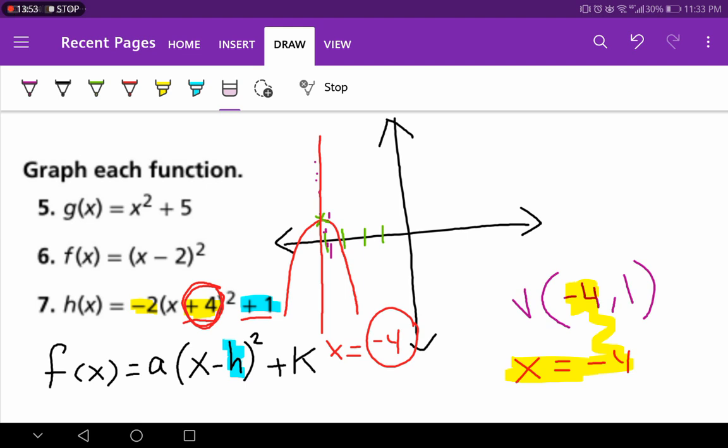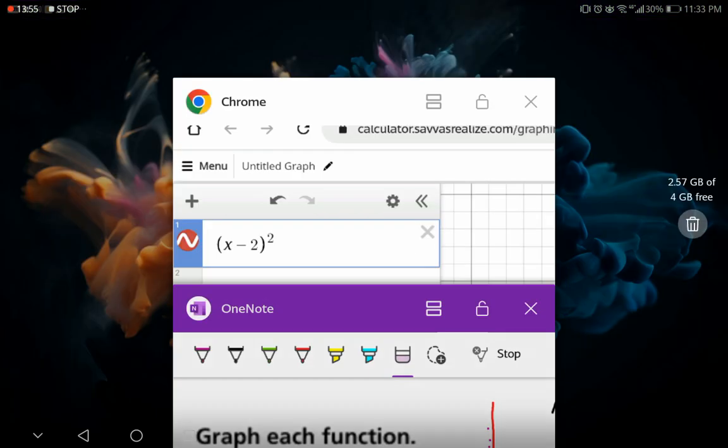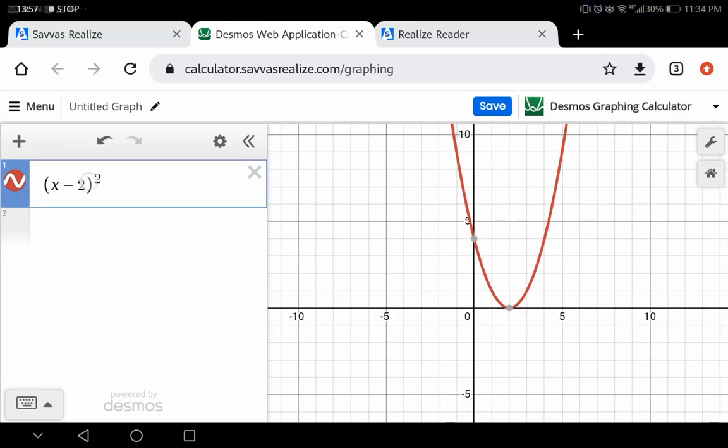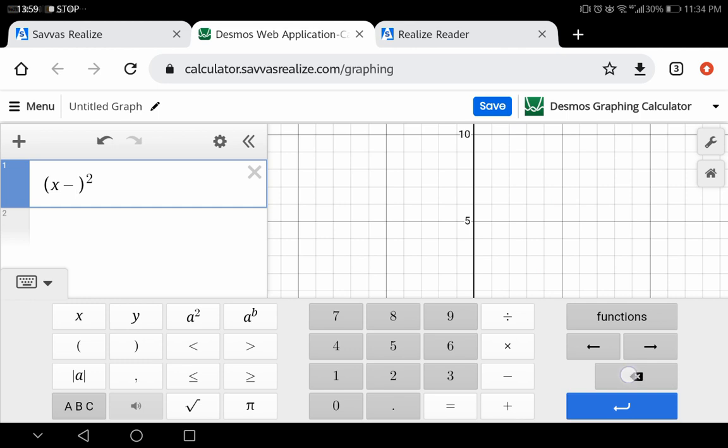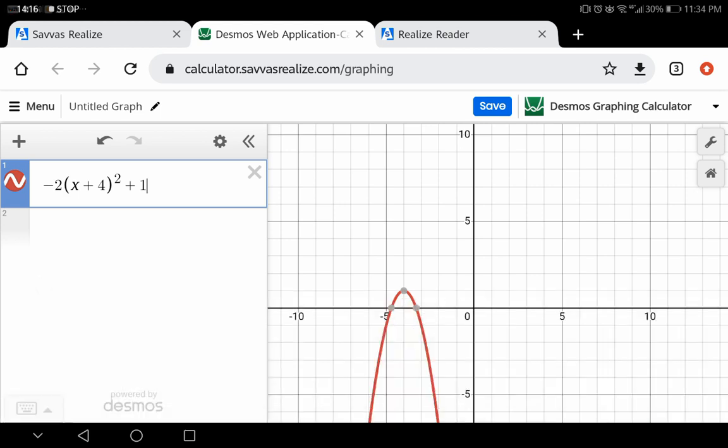If you don't believe me, I will write this. Here we have plus 4, and here the leading coefficient is -2, and the k equals 1. See, this is the graph.